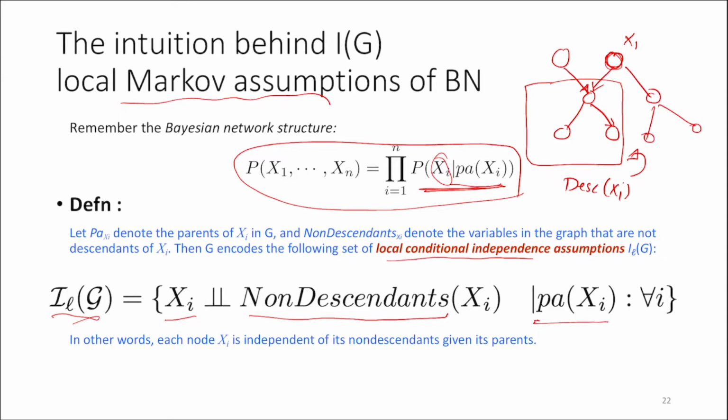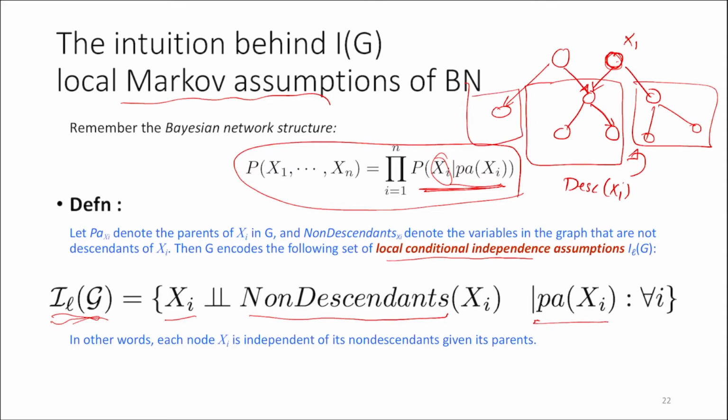So the local independencies say that if you condition on the parents of the node, the node is independent of all of these non-descendant random variables.